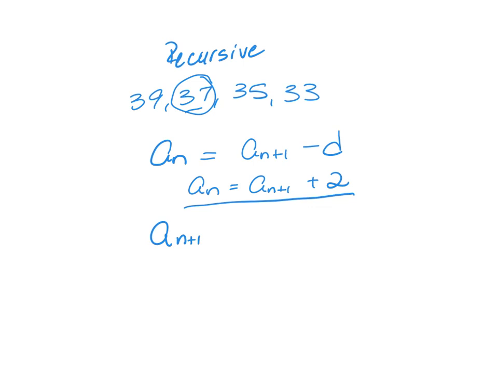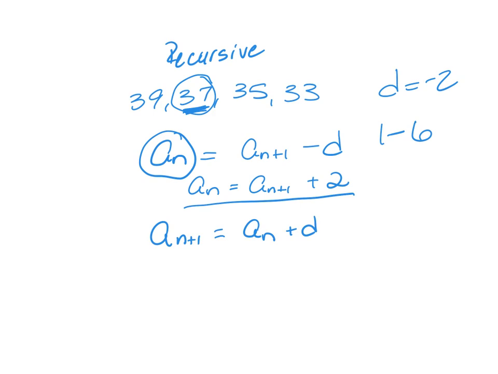So if we start with AN plus 1, let's say we start here with 37, okay? We have, let's see. So AN plus 1 equals the guy before it plus D. So when you're doing it in terms of AN, which is what they want you to do for 1 through 6, okay? So this is the answer for number 1, actually.